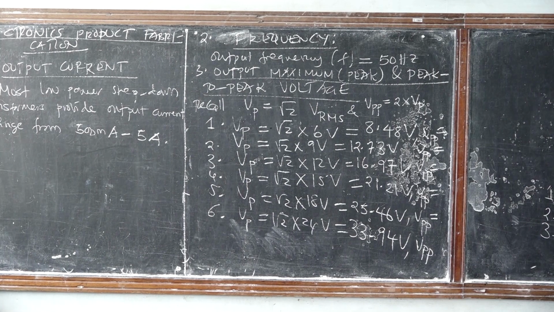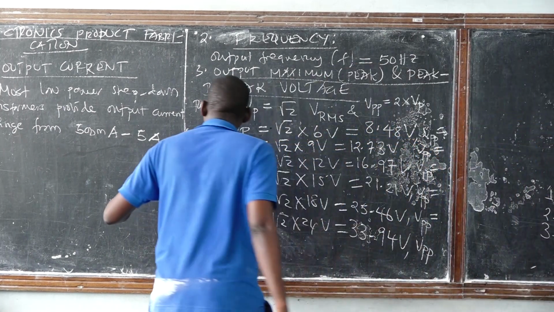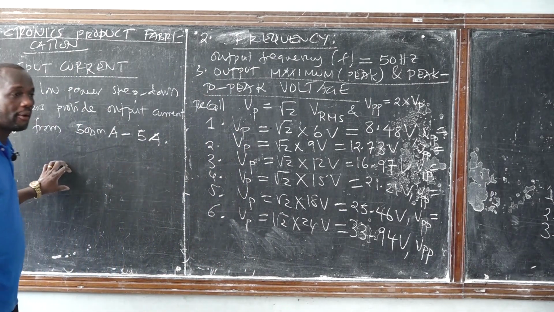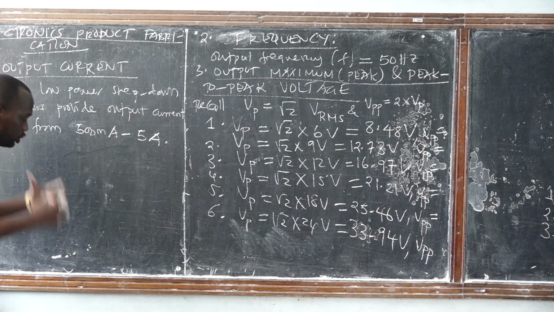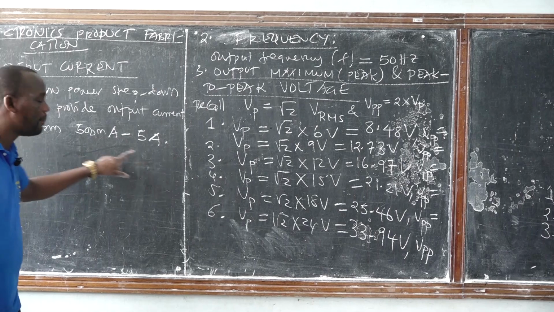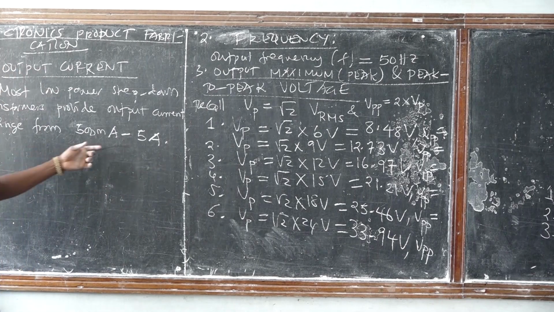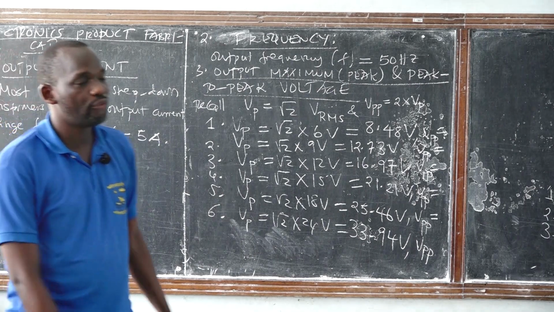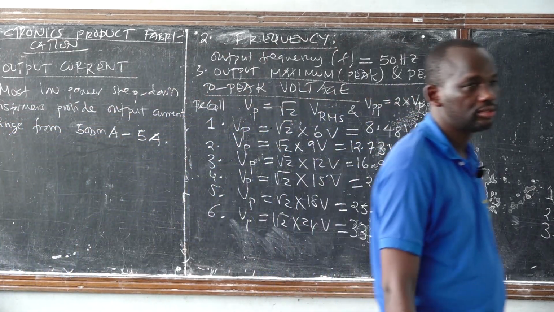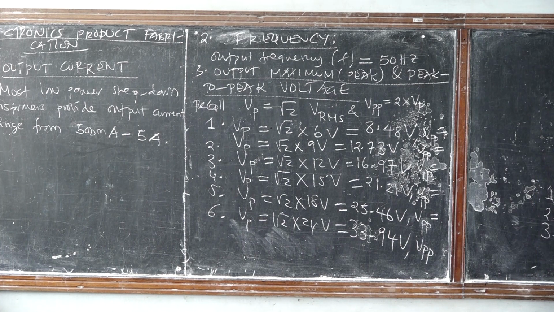So it depends on your choice and your design. Because if your load consumes a total current of, let's say, 1 ampere, and they are using a step-down transformer of 500 milliampere, then the linear power supply will fail to power your circuit. The choice of the output current depends on the amount of current which will be consumed by your load or your circuit.